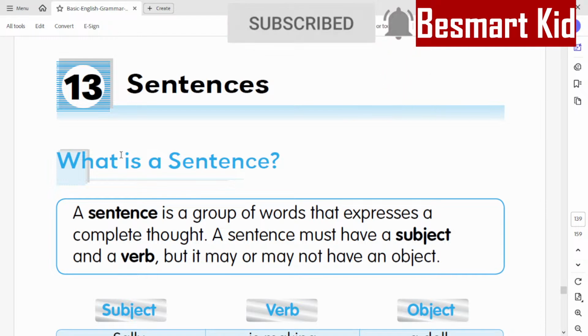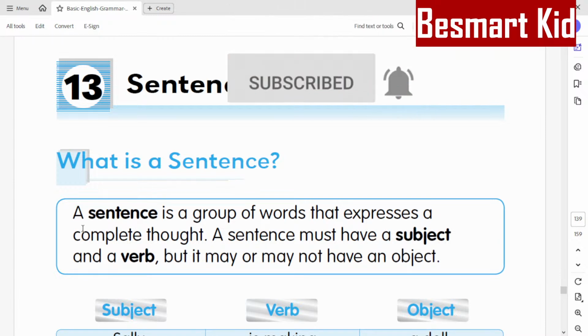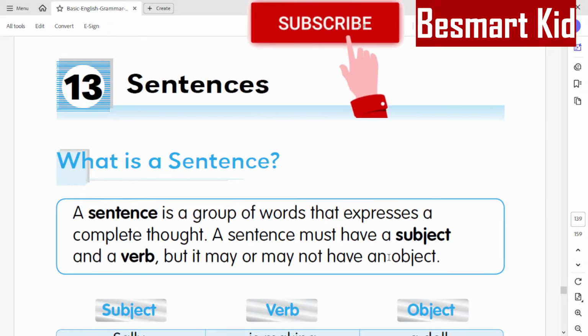What is a sentence? A sentence is a group of words that expresses a complete thought. A sentence must have a subject and a verb, but it may or may not have an object.